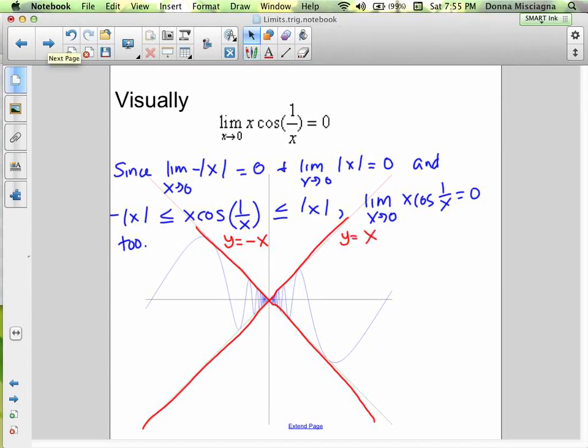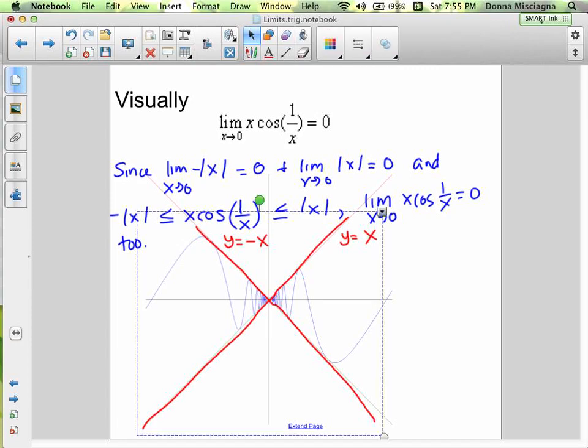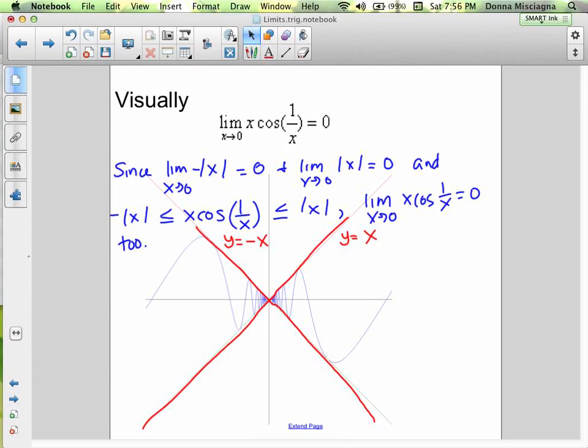Now, look at our cosine function in between here. It bops around a bunch, right? But notice that it is always staying in between those two functions. Maybe I should have made this one a different color. Well, you'll have to deal with both being red. So it's in between y equals negative x and y equals x for that entire interval there.